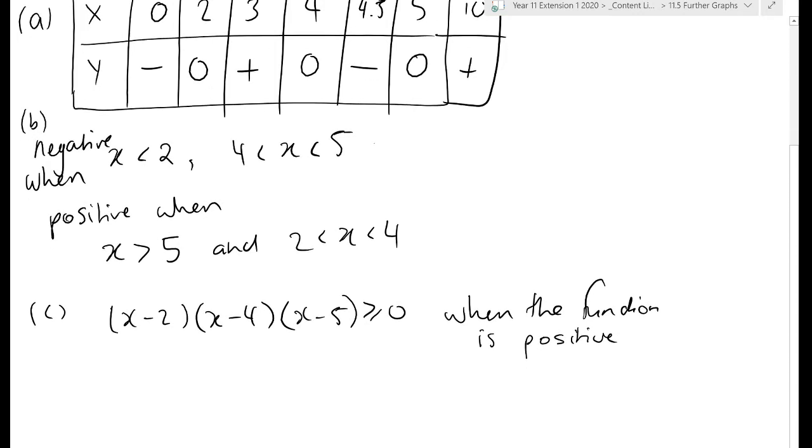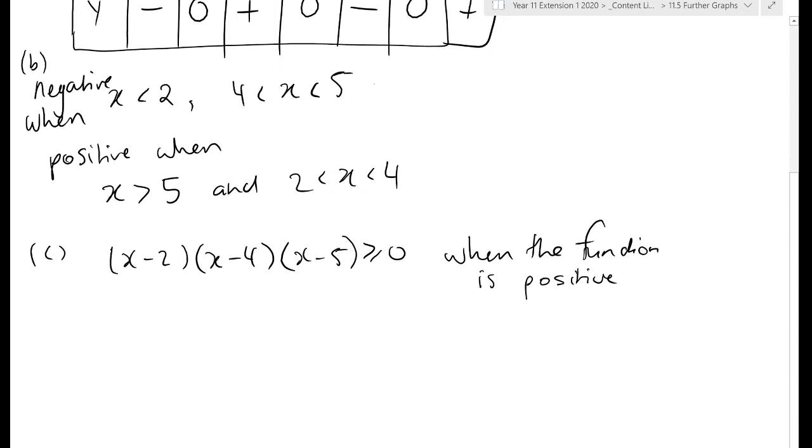So now the question just becomes, when is the function positive? And we already know that. We've written it up above. So therefore, it's when x is greater than 5 and x is between 2 and 4, just like that.